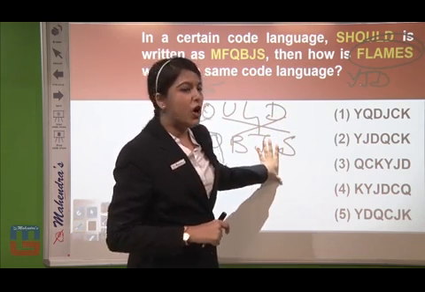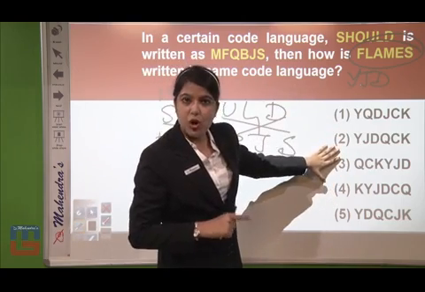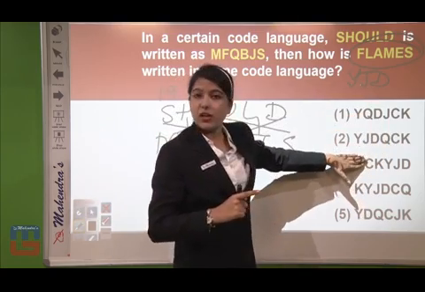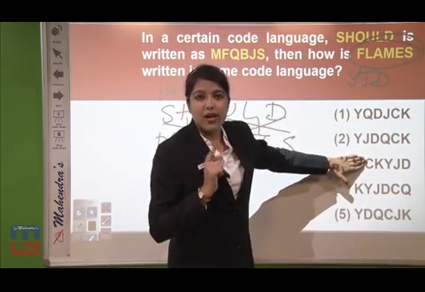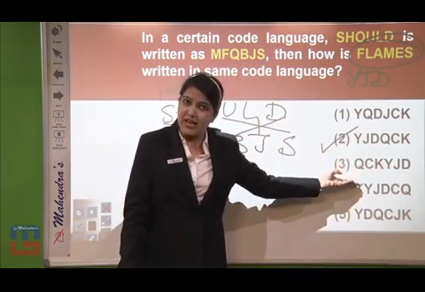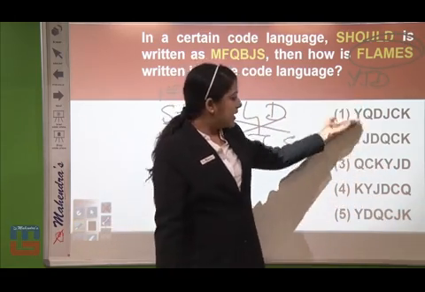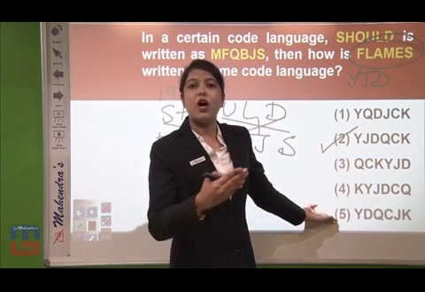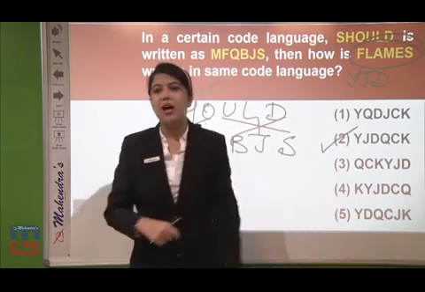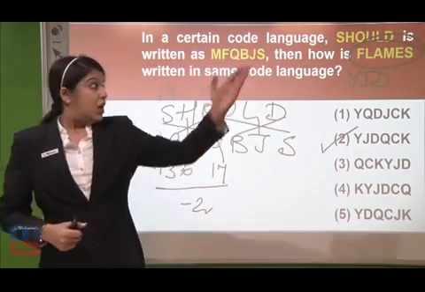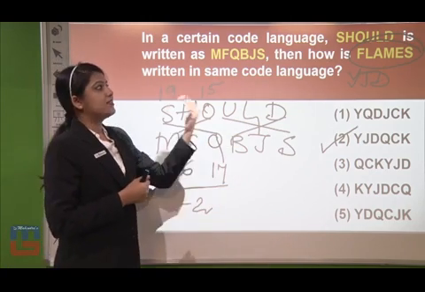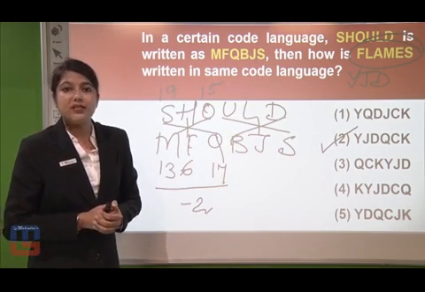Because according to the options, in option number 2, we are getting Y, J, D, which was required for the coding of this given word. So we can consider this option as the answer. Definitely, because in the leftover options, we are not having any option as none of these. So it can be a positive mark for us that we don't have to find out all the letter replacements of the given word. So this can be a type of question which you can focus upon.